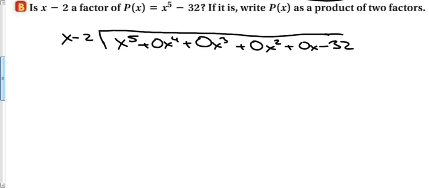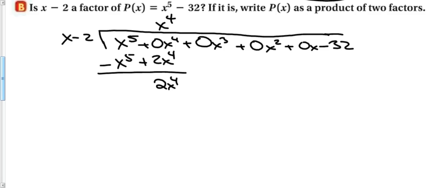Okay, so let's do it. Divide x to the fifth by x, we get x to the fourth. Multiply: x to the fifth minus 2x to the fourth. Subtract gives me 2x to the fourth. Bring down the 0. And do it again.